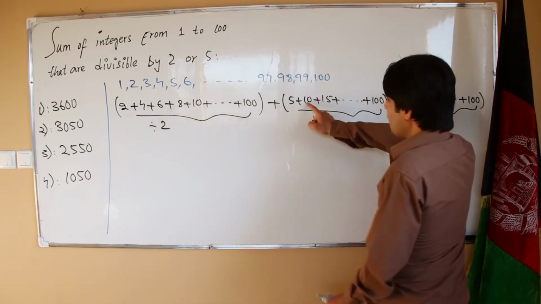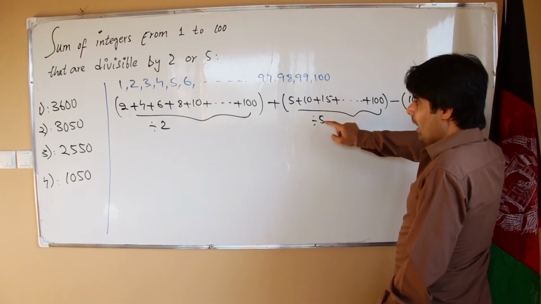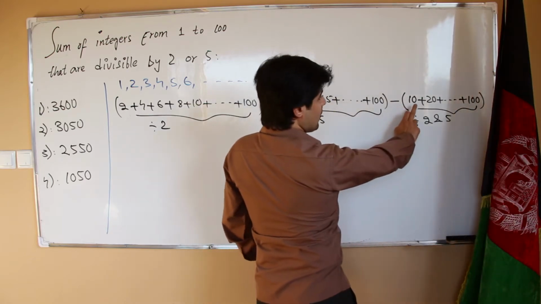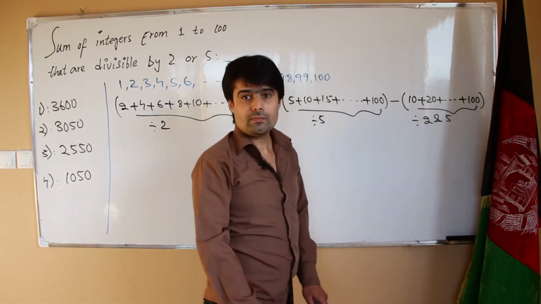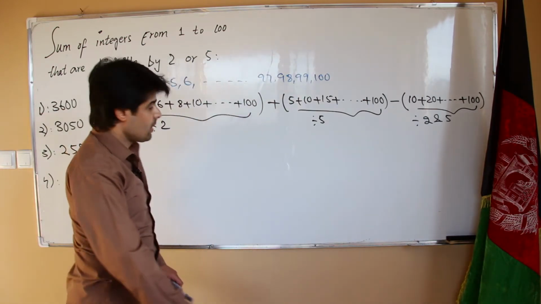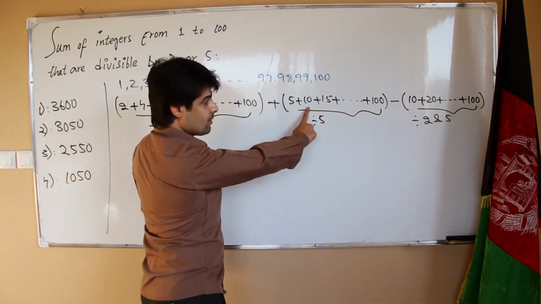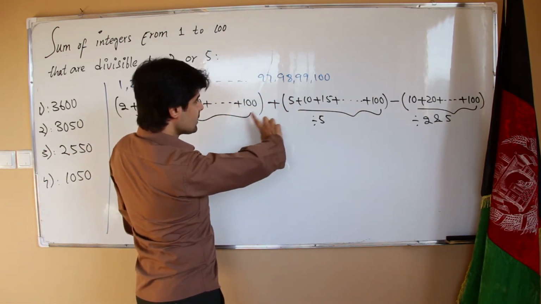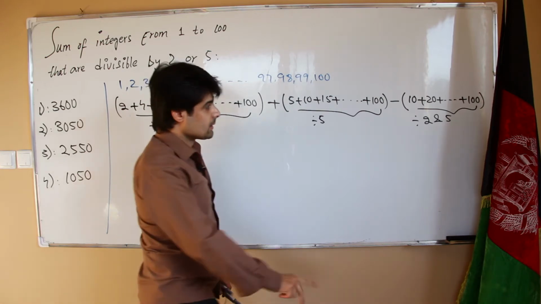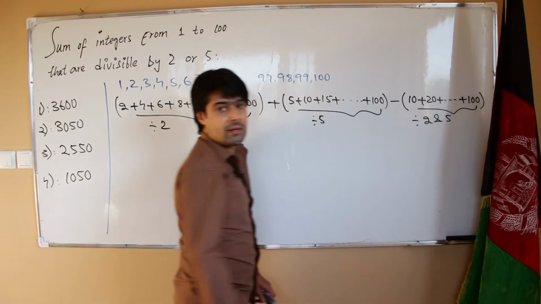Second, 10, 20, they are also divisible by 5. So I have to subtract these numbers in order to have just once. I mean, in here also we have 10, in here also we have 10. So it is considered to be written twice. For this result, I have to subtract once.